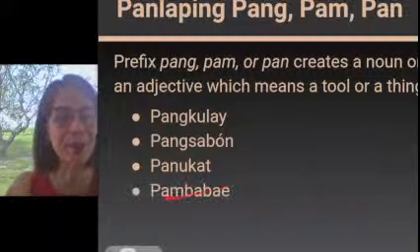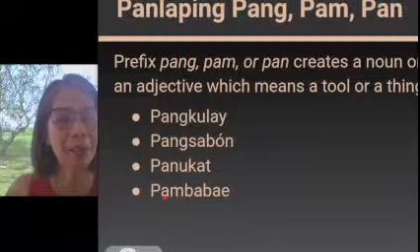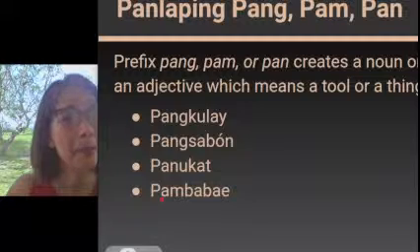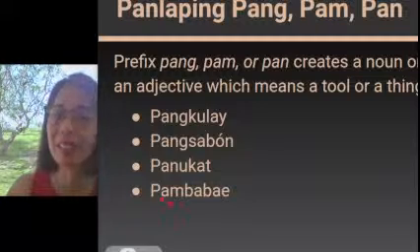Another example, we have pambabae. The root word is babae. Babae means girl or woman, and the prefix was pam. So pambabae means something to be used by a lady, a woman, or a girl.